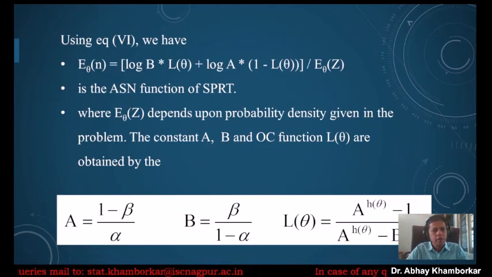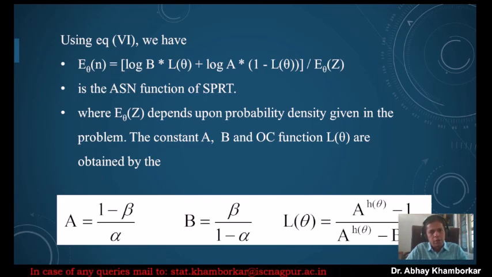So using equation 6, now if we put the value, then expectation of n will be equal to log of b into L of theta plus log of a into 1 minus L of theta, whole divided by expectation of z. This expression is nothing but the ASN function of the SPRT, where naturally expectation of z depends upon the probability density given in the problem.